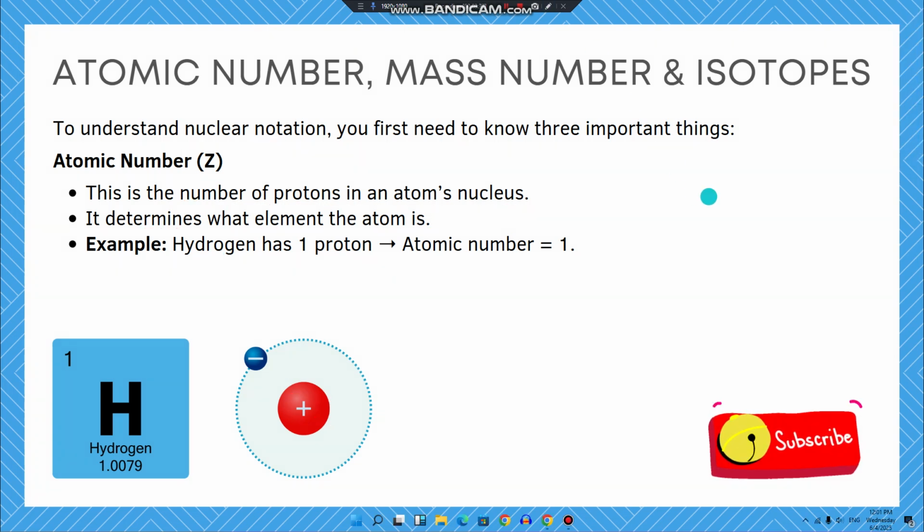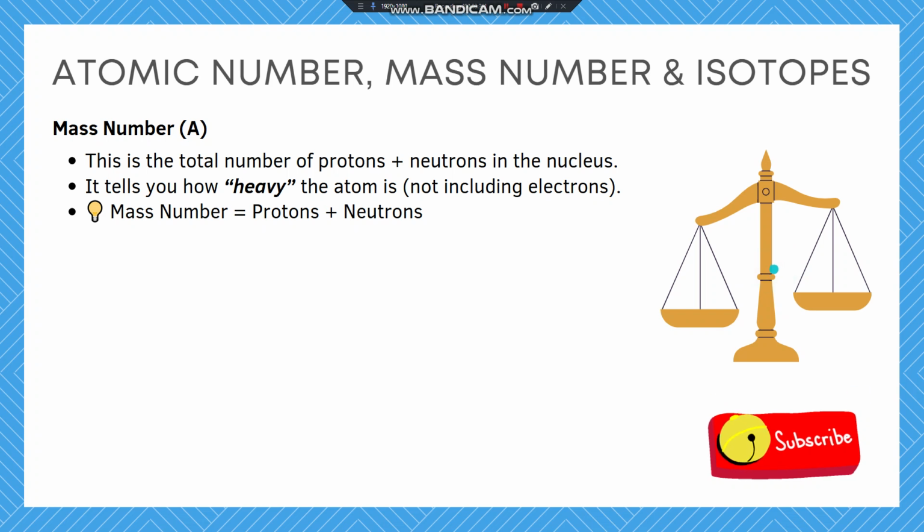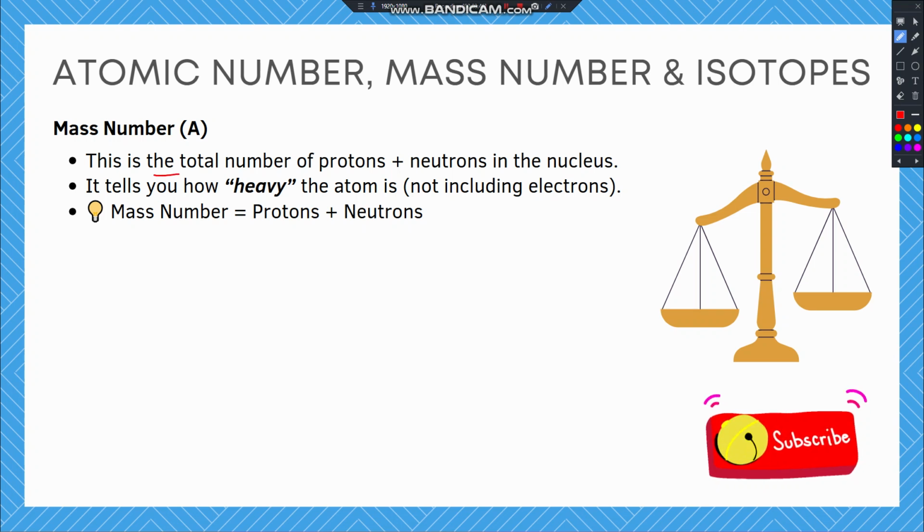Let's look at the next concept that we need to be familiar with, the mass number. The mass number is simply the total number of protons and neutrons present in the nucleus of an atom. The mass number tells you how heavy the atom is, and it doesn't include electrons.